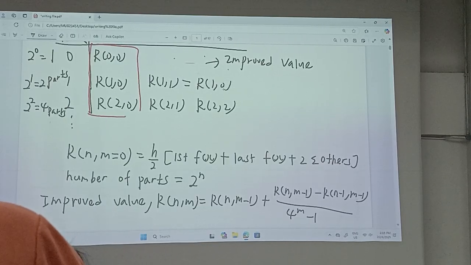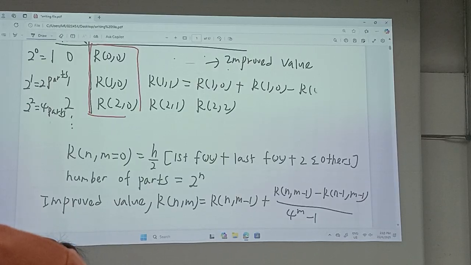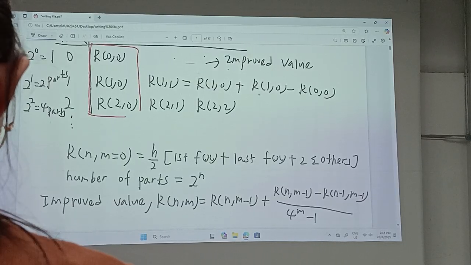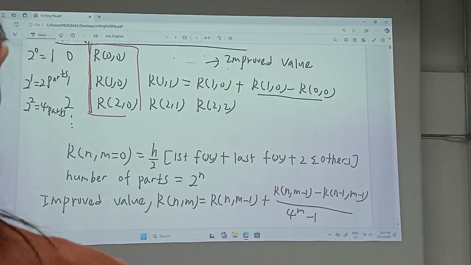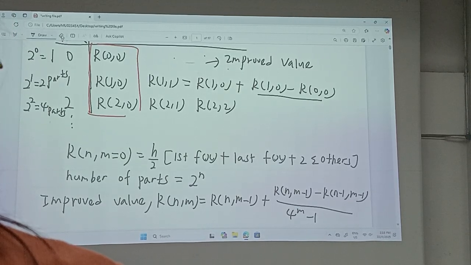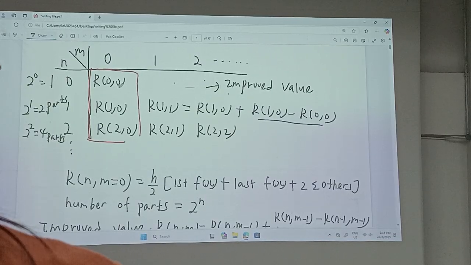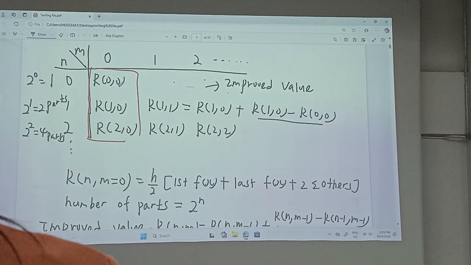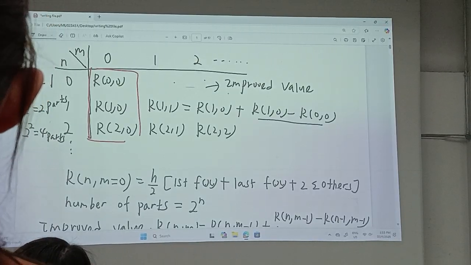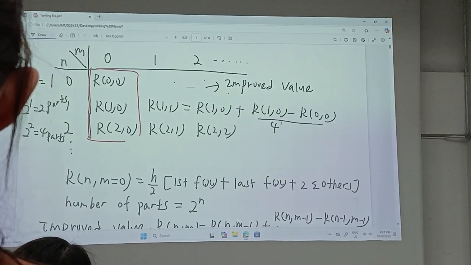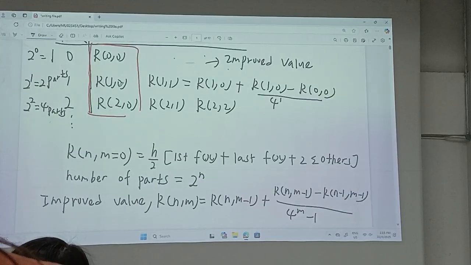R10 plus R10 minus R00, then over 4 power of m. So what's the m value here? Anyone? M equal to? Yes, 1. M equal to 1. Okay, so 4 power 1, and then minus 1.